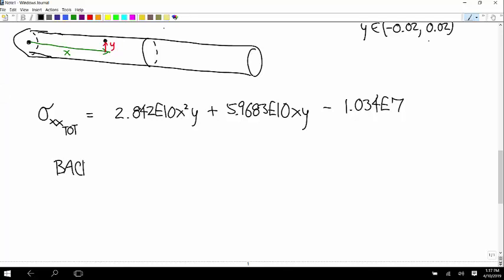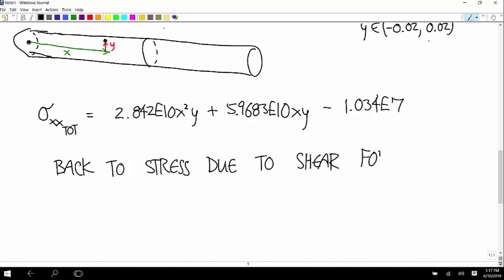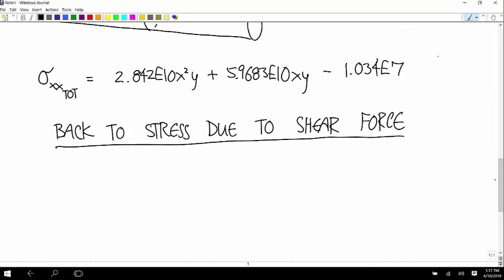Okay, so back to the stress due to shear force. What I said was the stress is going to be a shear stress, the XY element, and the value is equal to negative V, that's the shear force, times Q divided by IB.